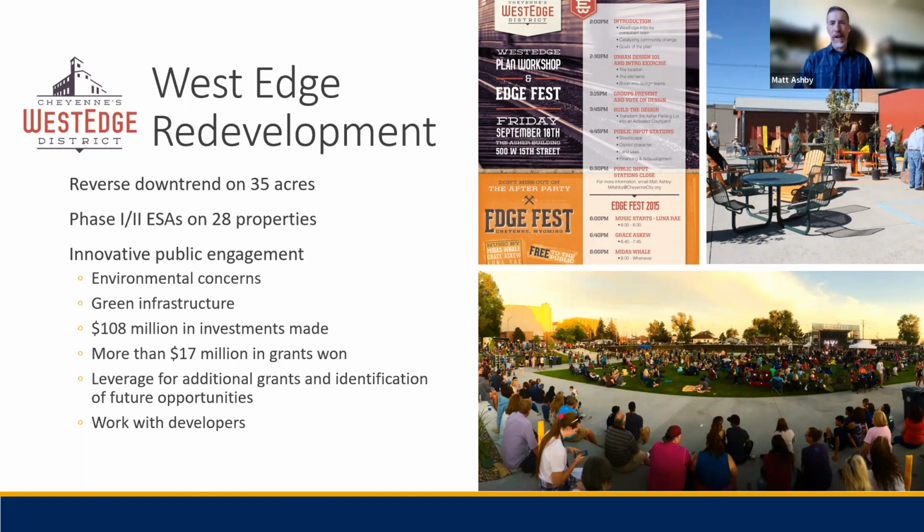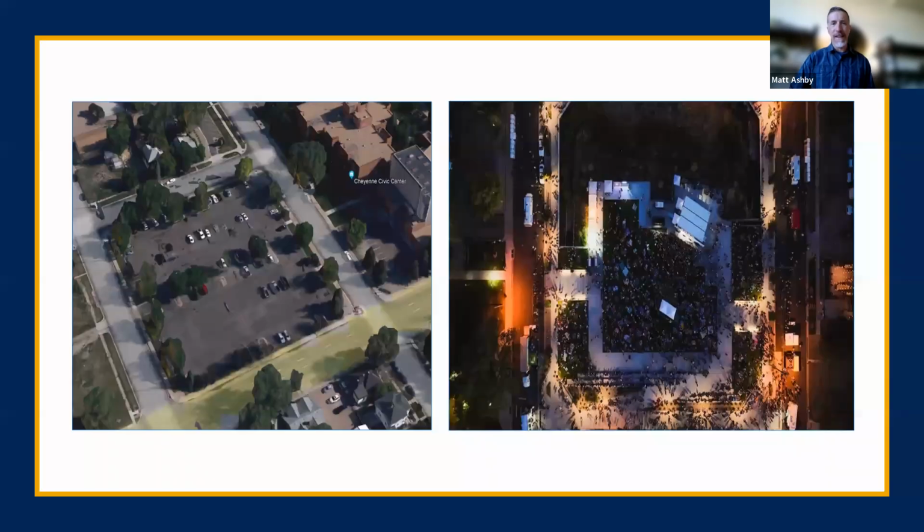And so one of those features that you'll see here was the Civic Commons Park that previously was a parking lot and surface lot that was underutilized. There's actually a parking structure just a block over. And so this area was redeveloped into a detention pond slash civic space.